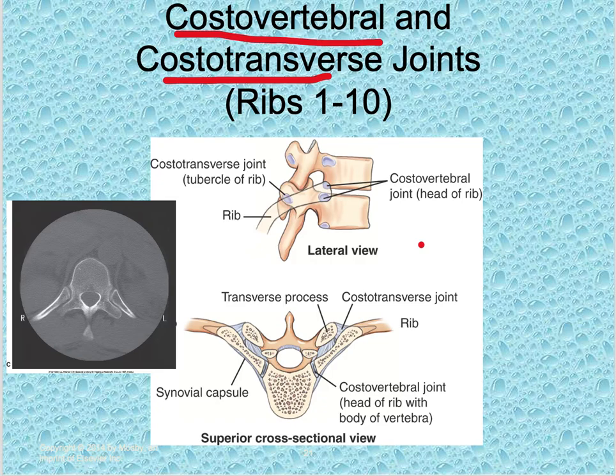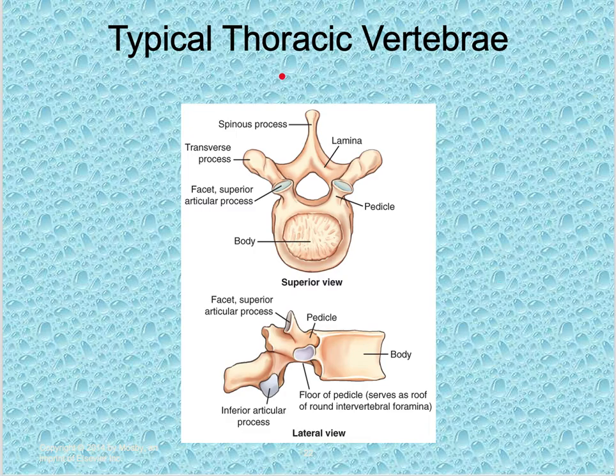When the cervical of the rib attaches to the transverse process of the vertebral body, then that is a costotransverse joint because it's on that transverse process. Okay? So transverse process and cervical is a costotransverse joint. When the rib attaches to the vertebral body, costovertebral. Okay, so that should be really good review.